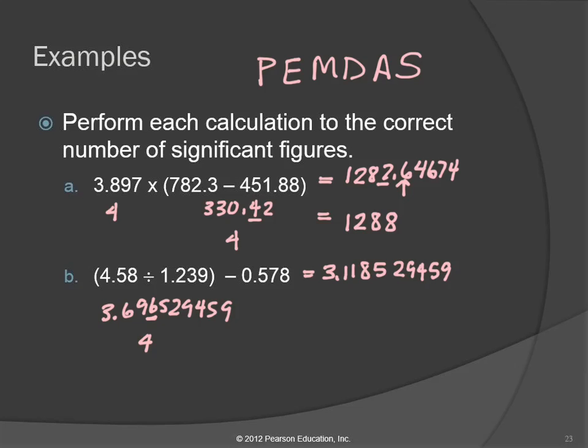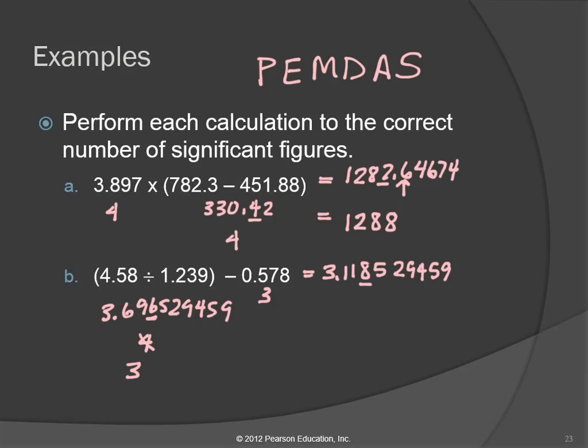So now we're looking at decimal places. So I'm going to just cross that off. This has how many decimal places? 3. I underlined the last significant figure. This has 3 decimal places. And how many does this one have? 3. So then my answer should have 3 decimal places.